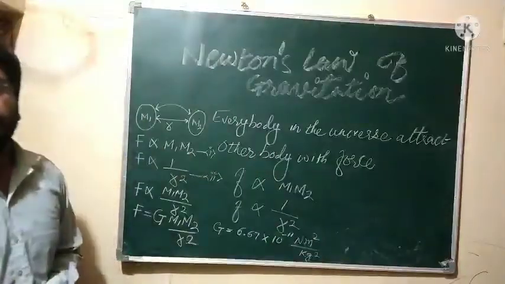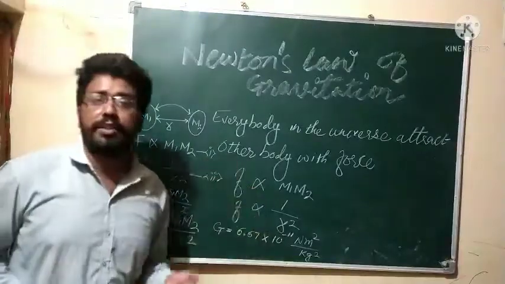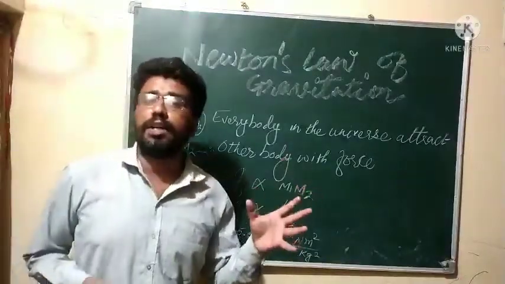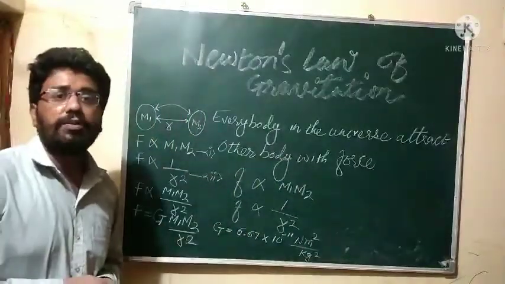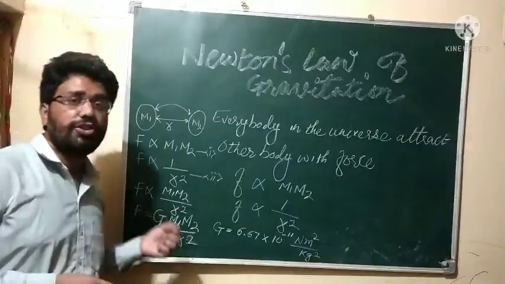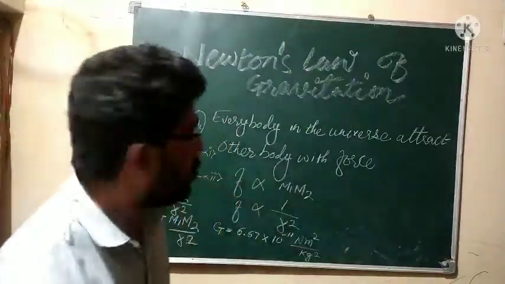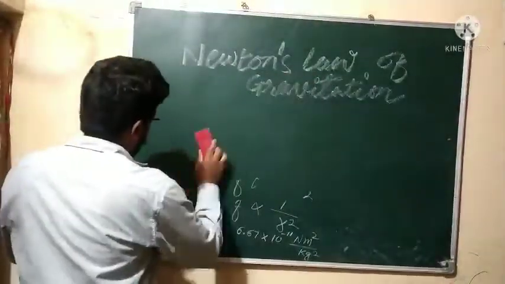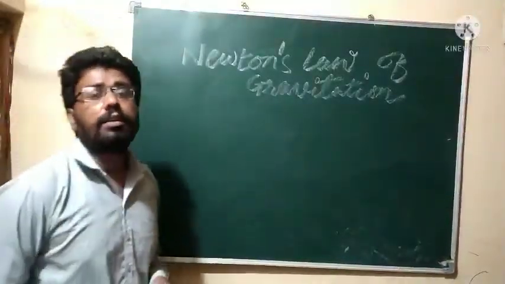So this is our Newton's law of gravitation, which states that every body in the universe attracts other body because of its masses. Now we will derive the unit of this gravitational constant and also derive the dimensions of this gravitational constant. So we have derived the formula here, and from the formula we will derive our unit and dimensions.